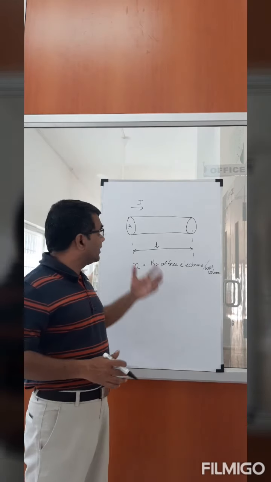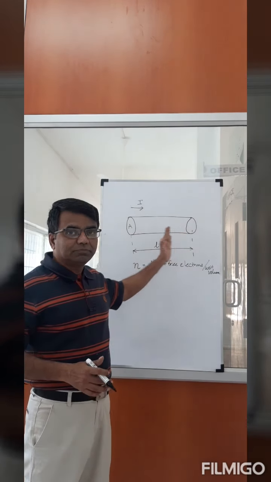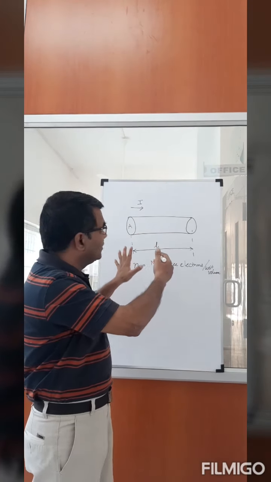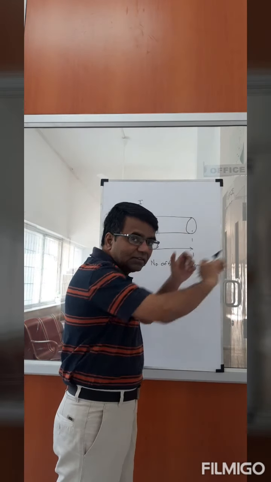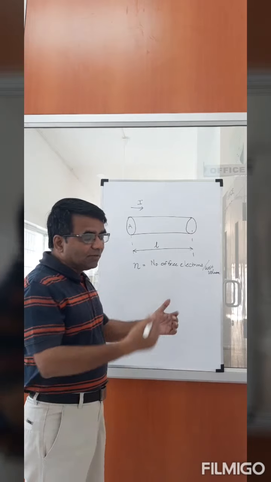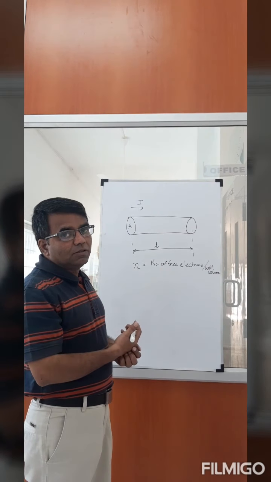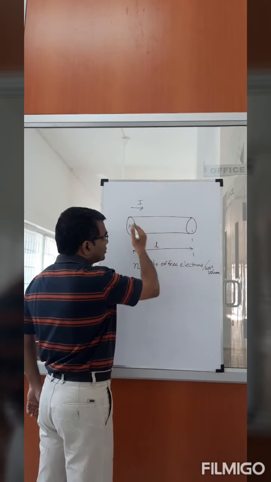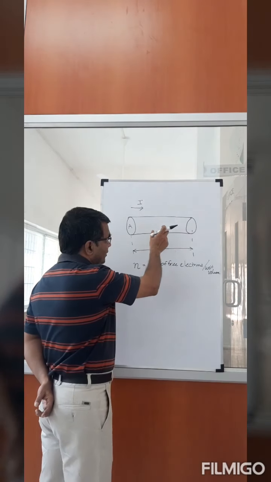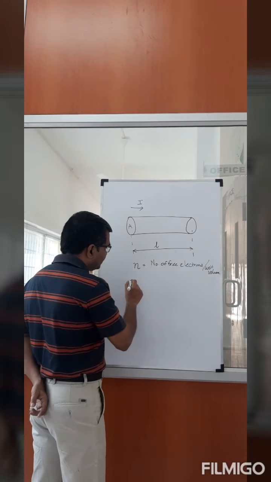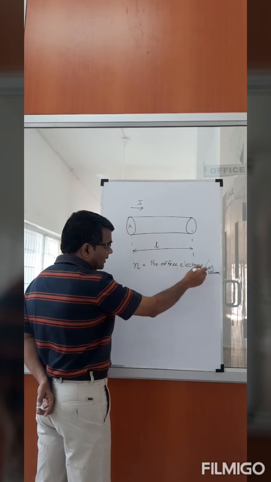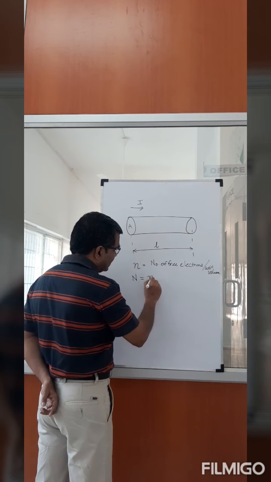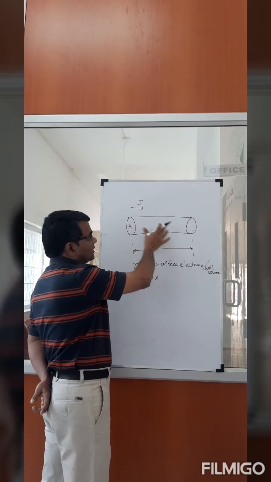Okay, what should I do now? I need to find the number of free electrons in this entire conductor. Because if I keep this conductor in the magnetic field, and if these free electrons are moving in this direction, then they will experience a force. So I need to find the total number of free electrons in this conductor. If n is the number of free electrons per unit volume, then the total number of free electrons N is equal to n into the volume of the conductor.